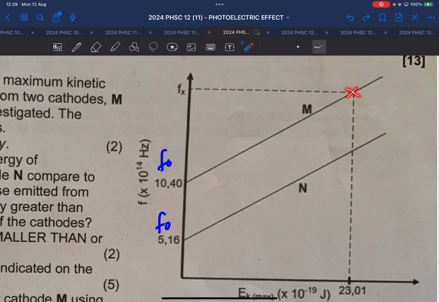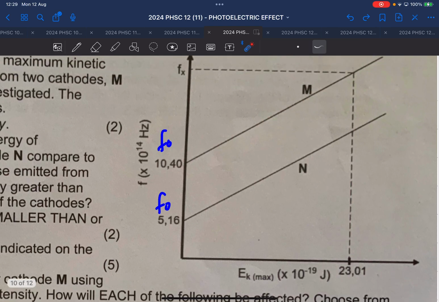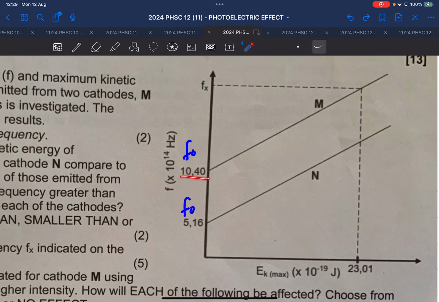It's on graph M. So they specifically say consider M. Fx here, if the kinetic energy is 23.01. And what else do we know about M? We have its threshold frequency. Please note that it is 10.4 times 10 to the power 14, and 23.01 times 10 to the power negative 19.